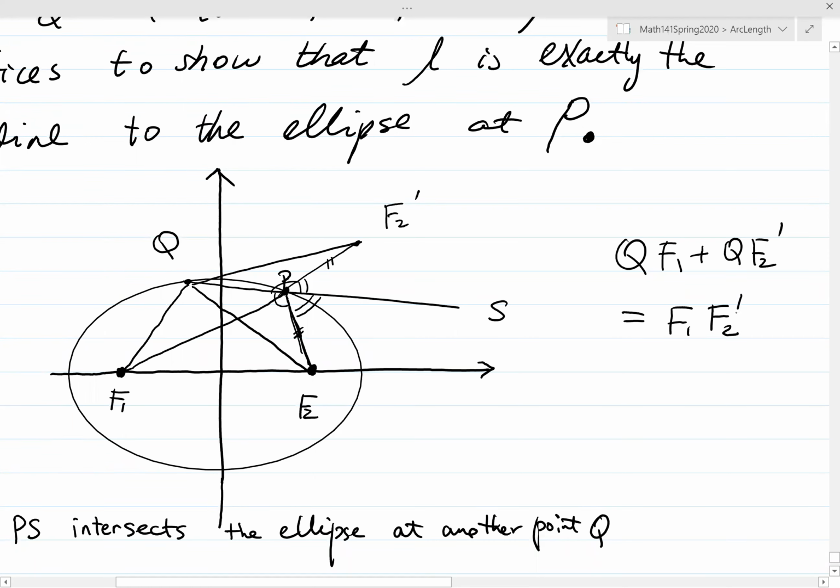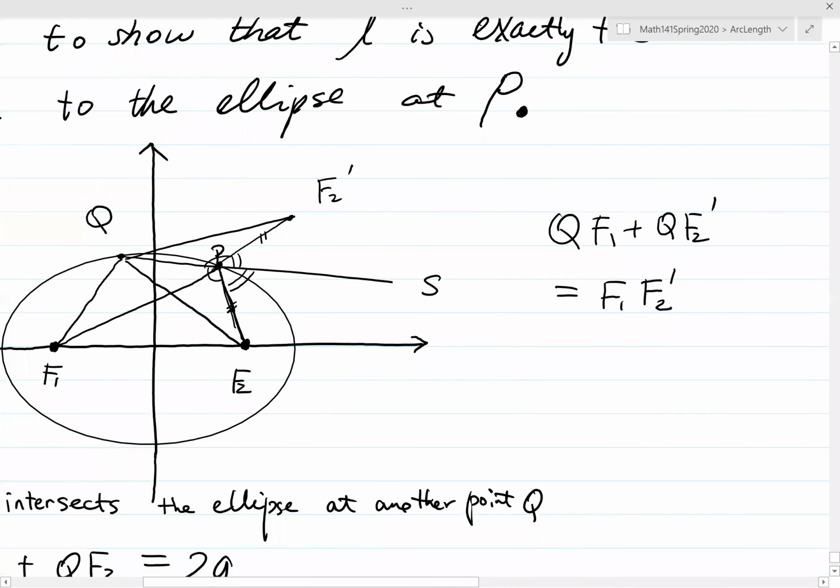Is this possible in a triangle? This is not possible because of the triangle inequality. The shortest distance between two points is a straight line. Here the shortest distance from F1 to F2 prime is the straight line between them, so any other path is longer.